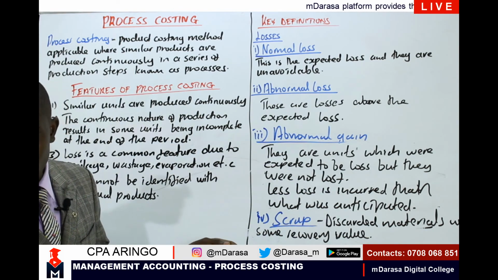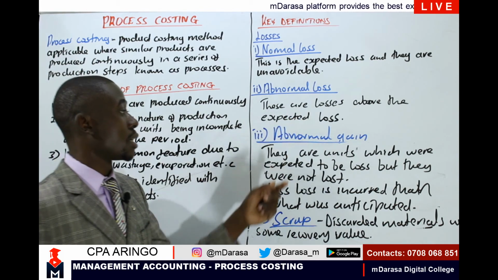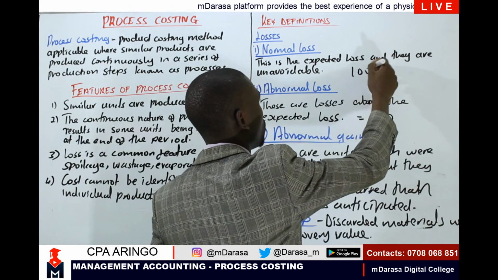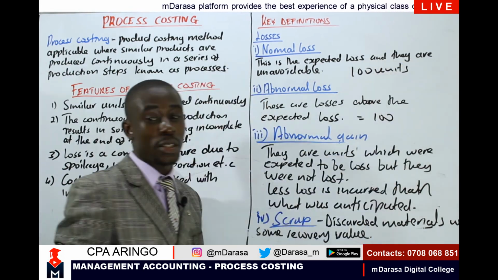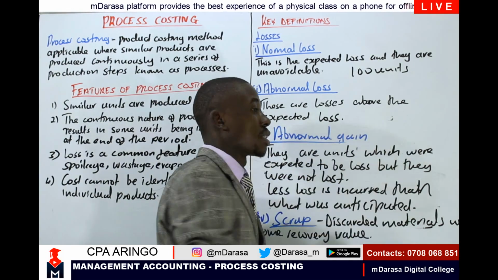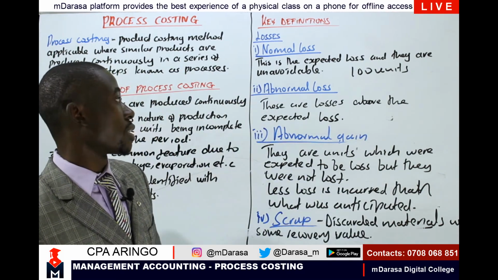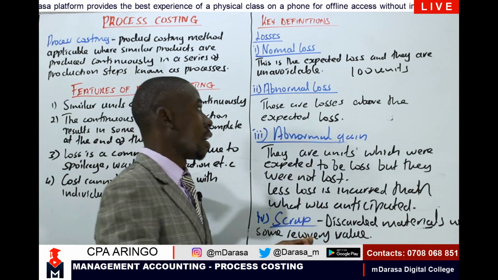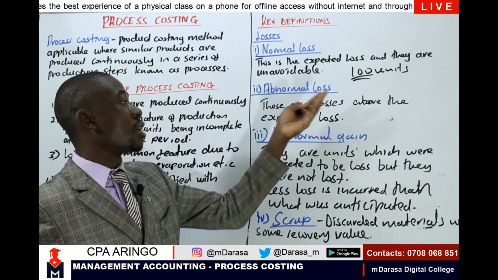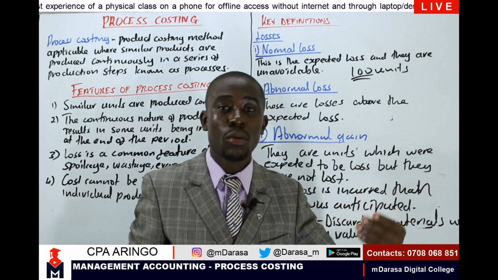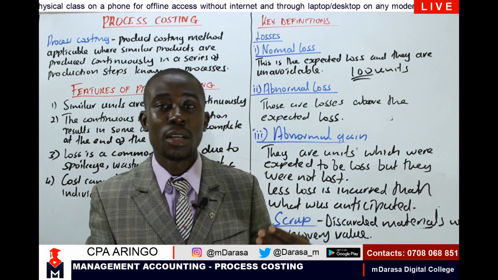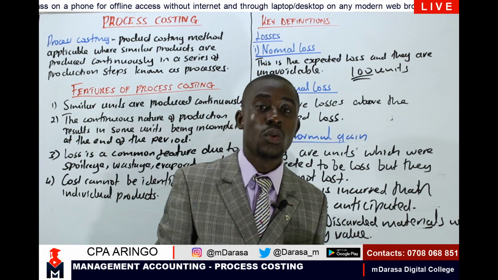So in this event, what you should understand is that assuming that I'd anticipated to incur loss of 100 units, talk of 100 units being our normal loss. So yes, I've incurred the loss of 100 units. So looking at these losses, these materials, they are not going to waste. So in such an event, probably I've noted that out of 100 units, I can still dispose, say like 50 units. So these 50 units are what you're terming as scrap.